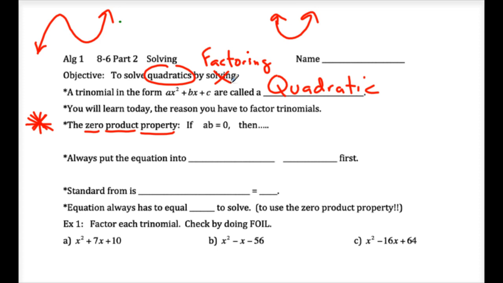One of them has to be 0. True. So here's what you write: then A equals 0 or B equals 0. Or both of them could be 0, yes. Always put the equation into standard form.